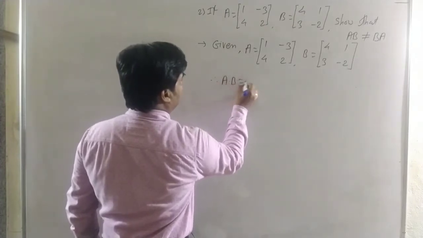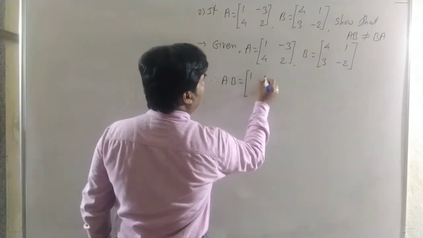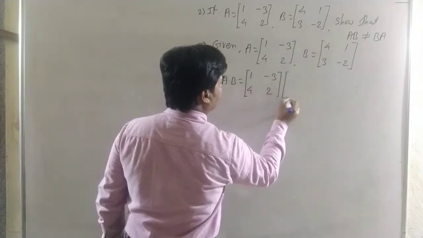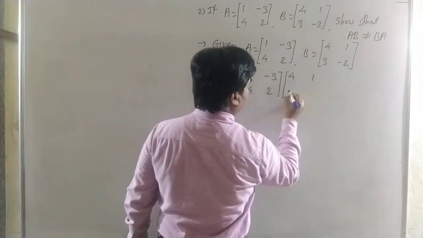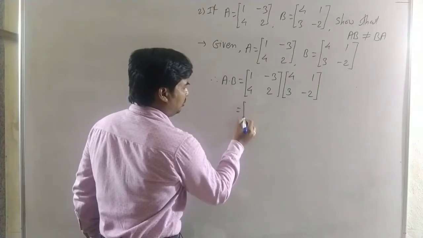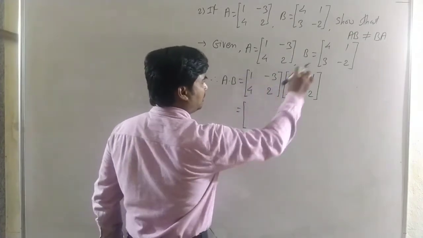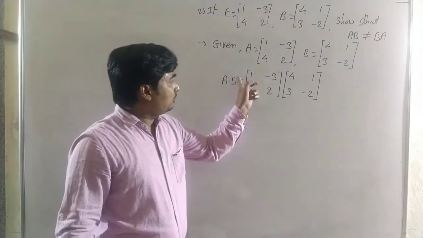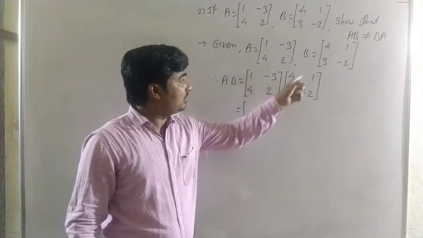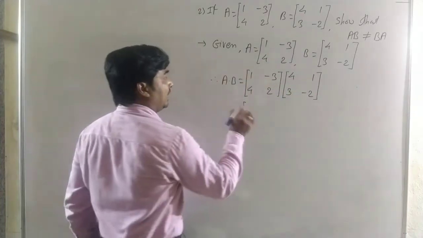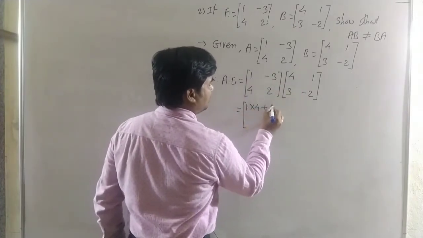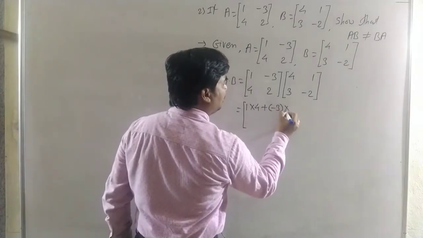A into B is equal to matrix A, [1, -3; 4, 2], matrix B, [4, 1; 3, -2]. Now the matrix AB has first row first column, then first row second column. Here we multiply the corresponding elements in the first row and first column, and adding them: 1 into 4 plus minus 3 into 3.